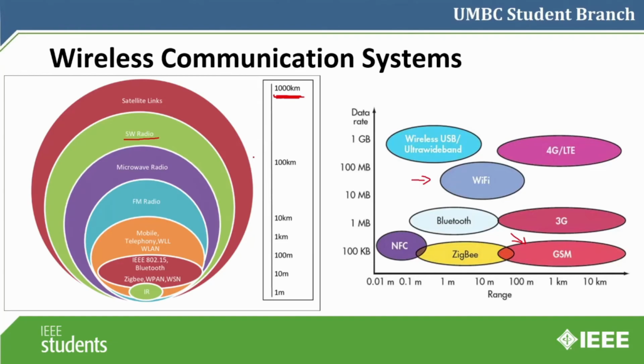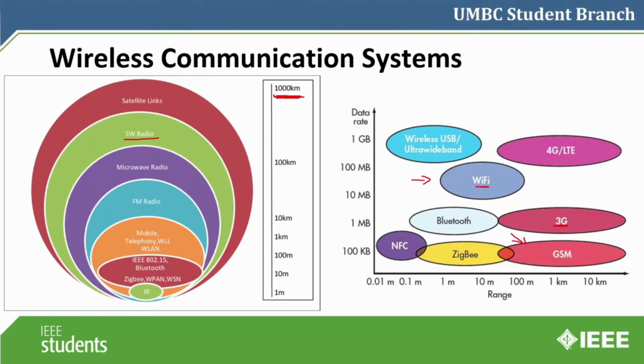And so what that means is it's just a pick and choose scenario of what is our distance, how much can we transmit, how much do we need to transmit. And that determines how complex your system becomes. So as you can see, Wi-Fi has a much higher data rate than 3G, but it has much lower range.